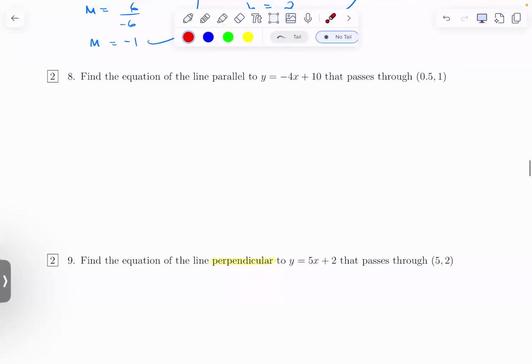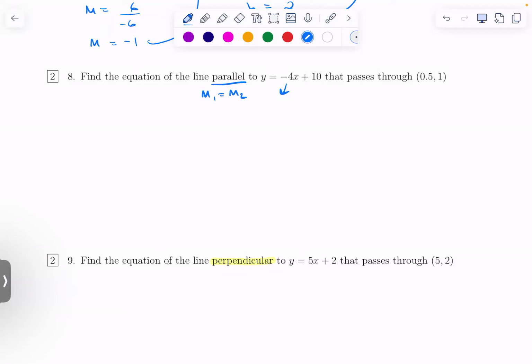Why are these questions both essentially the same as the previous question? First thing, you need to find the slope of the new line. Find the equation of the line parallel to y equals -4x plus 10, passing through this point. How can you get the slope? If they're parallel, then m1 is equal to m2, right?